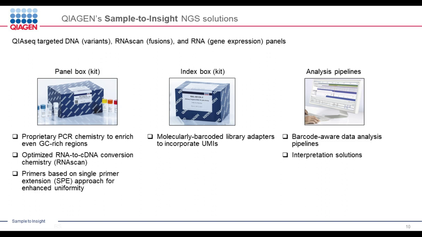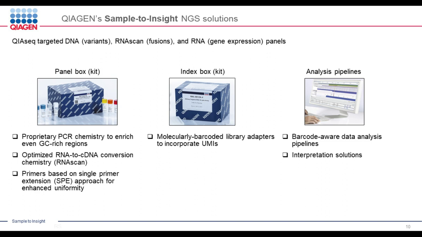So if you look at, let's say, the expanded carrier screening panel, this sample to insight approach will give you access to proprietary PCR chemistries to enrich GC-rich regions in the panel box. And you also have primers that are based on single primer extension approaches for enhanced uniformity.